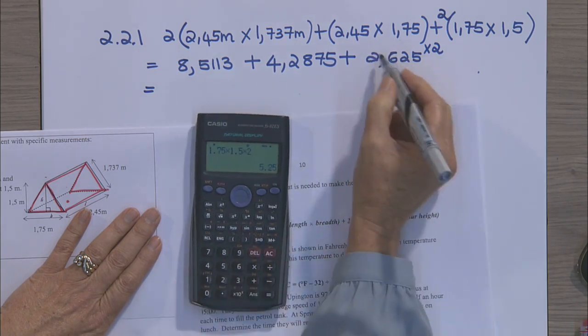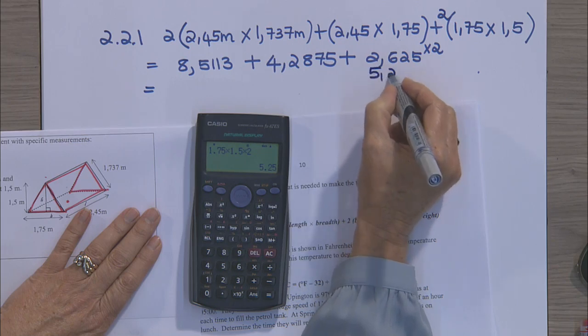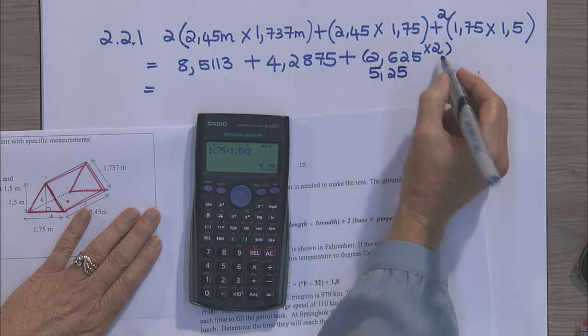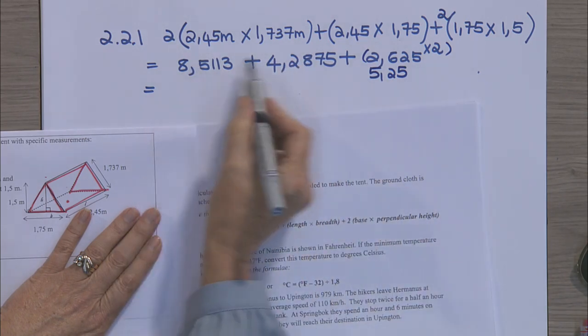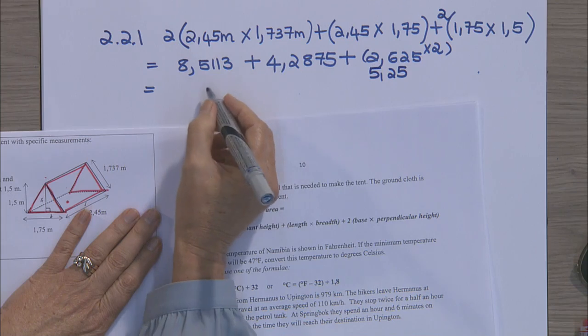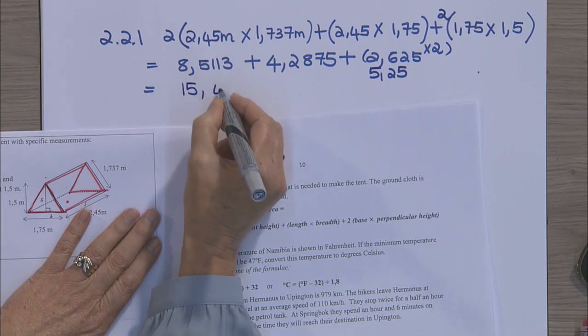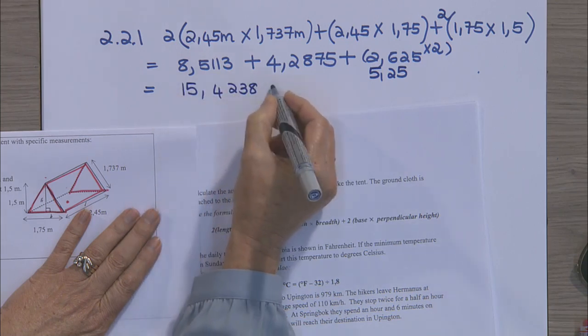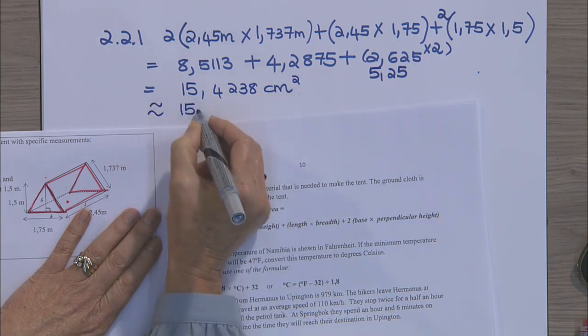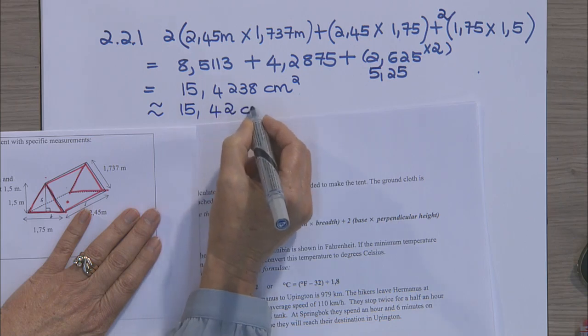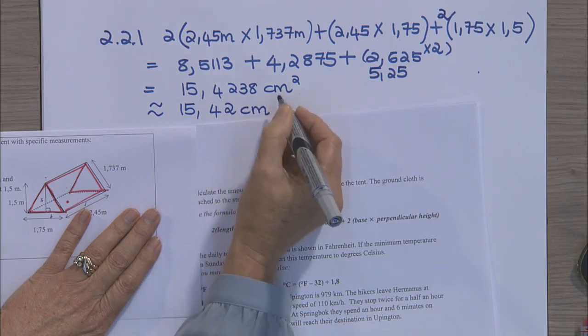This answer is 5.25. Then I take this one, that one, and that one, and add them together, and I get 15.4238, and I'm going to round it to 2 decimal places, 15.42.